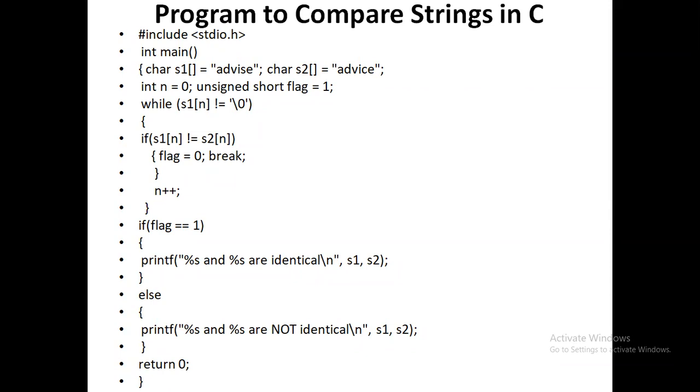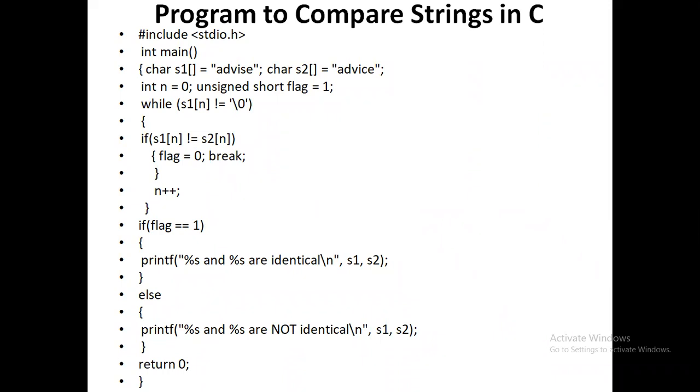The first element in string 1 and the first element in string 2 will be compared first. Then the second character in string 1 and the second character in string 2 will be compared. In that way, I will go on iterating up to the end of both strings.